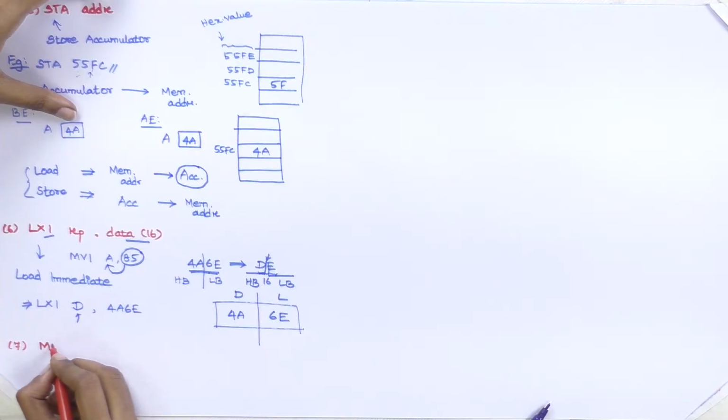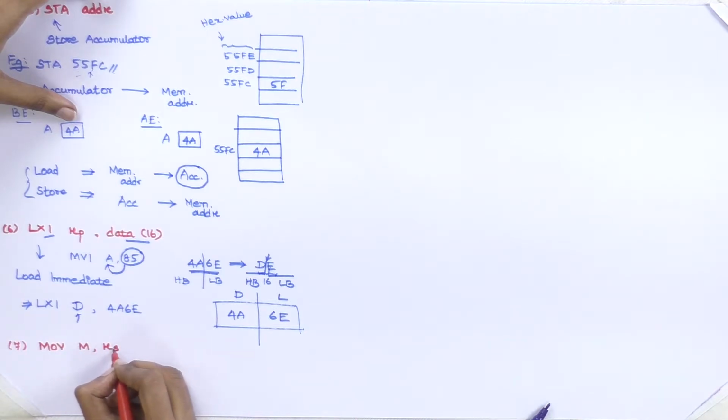The next instruction that we are going to see is MOV M, R. If you want to move the value in the register to a memory location, you can use this instruction. For example, MOV M, A, which means the value in the accumulator will get stored in memory.